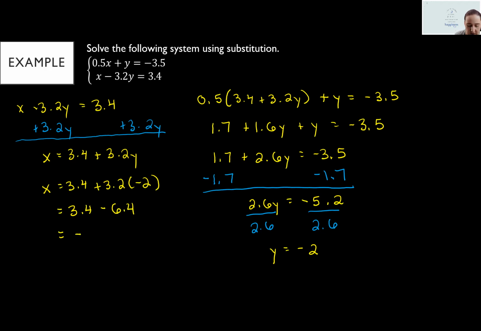And then we get negative 3. So when you write your ordered pair, make sure you do it in alphabetical order, x first and then y. So our answer is going to be negative 3, negative 2.